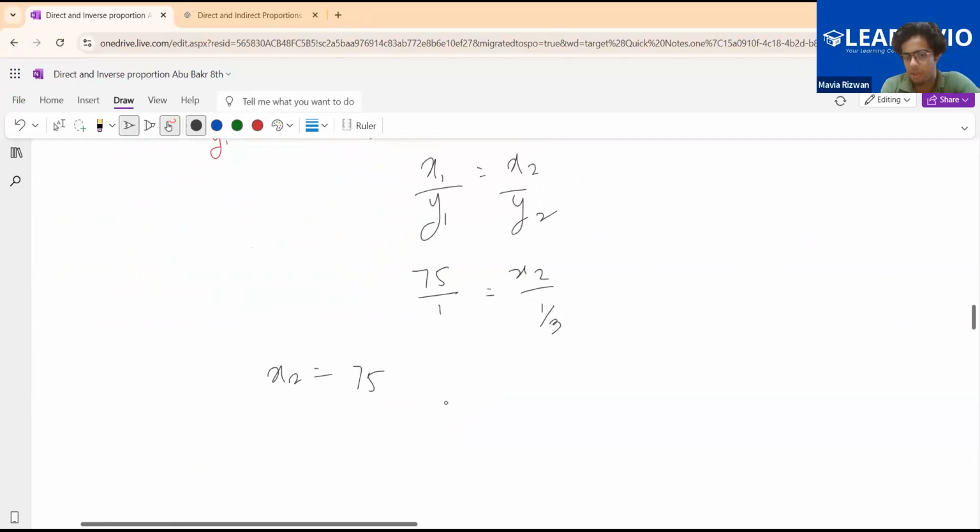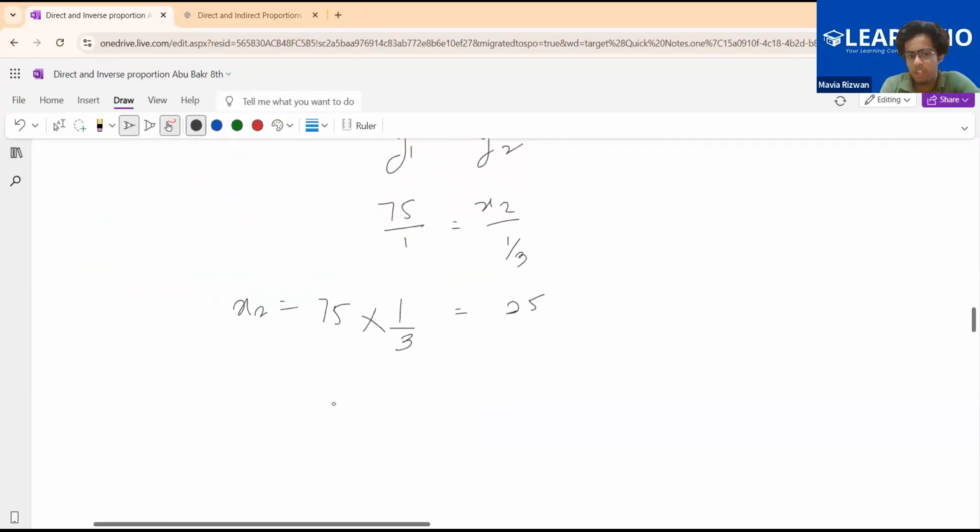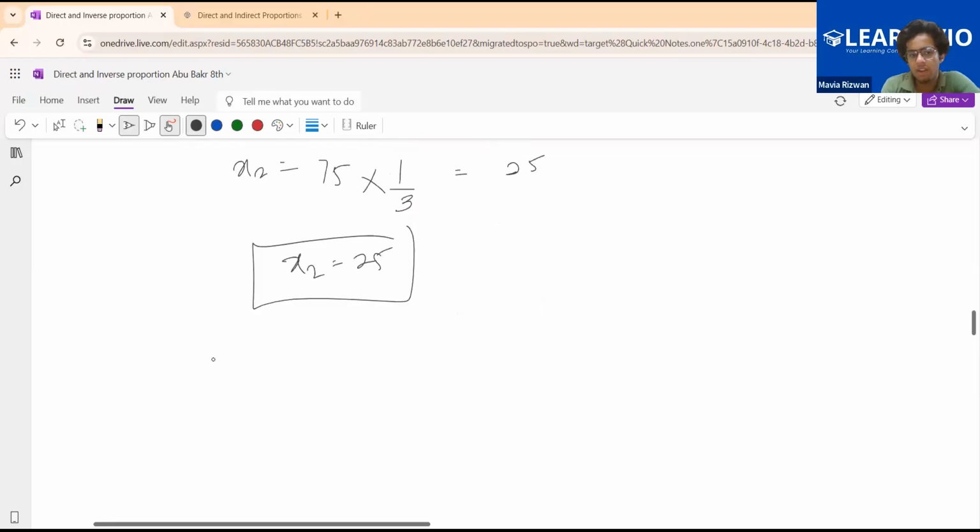If you solve this, it comes to 25. So x2 is 25. So the train will cover 25 kilometers in 20 minutes. Is this clear, Abubakar?